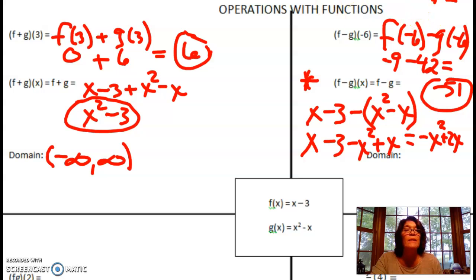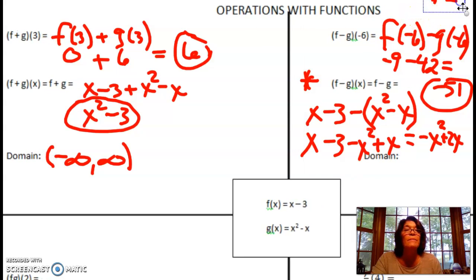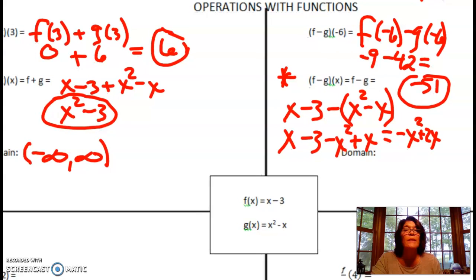Okay, so I can move this over a little bit so I can write that. Negative x squared plus 2x minus 3. So notice we said we got negative 51 when we put negative 6 in. If I put negative 6 into this function, I have the opposite of negative 6 squared plus 2 times negative 6 minus 3.